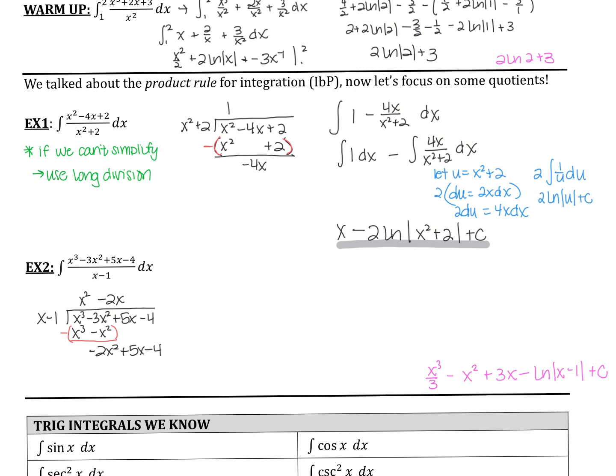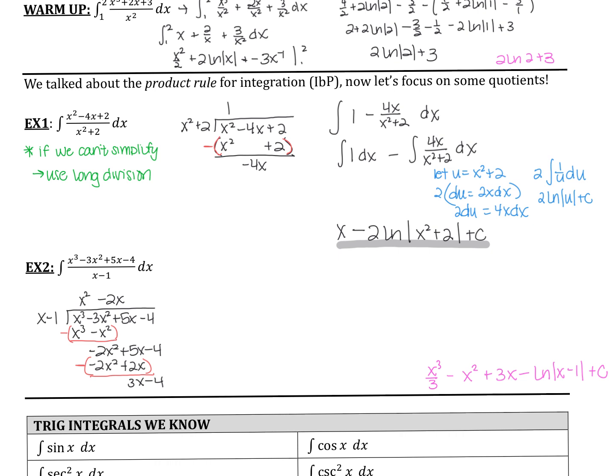It goes in negative 2x times, meaning negative 2x times x is negative 2x squared. Negative 2x times negative 1 is positive 2x. And then I'm going to subtract both of those, or change the signs. When I do that, I'm left with 3x minus 4.